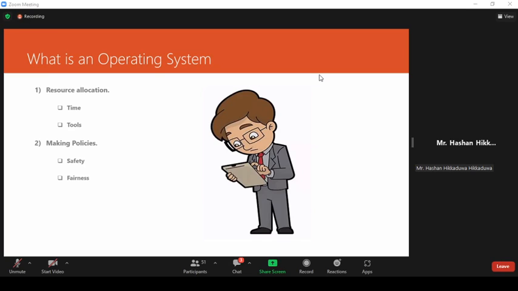If there are several cashiers and we give a computer to one cashier, we need to give computers to the other cashiers also. There are different payment methods, but we need to ensure fairness. Likewise, in the operating system, fairness is a really important concept. We need to implement fairness.